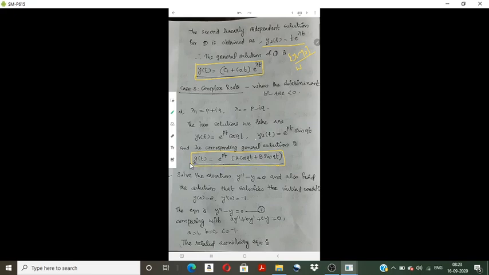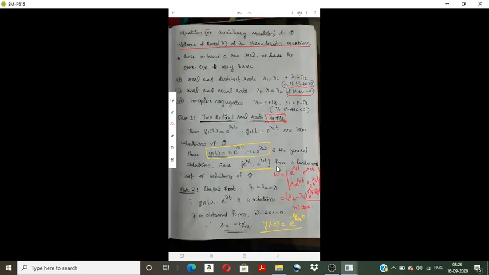So this is the nature of the three roots and the solution of the corresponding equation in these three cases. In the first case, when the auxiliary equation has real and distinct roots, we have y of t equal to c1 e raised to lambda 1t plus c2 e raised to lambda 2t as the general solution.